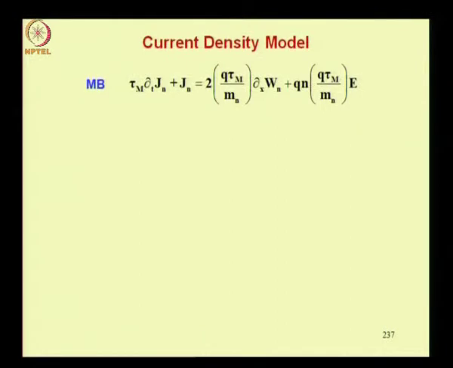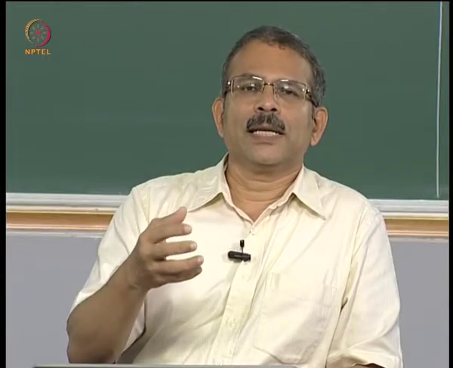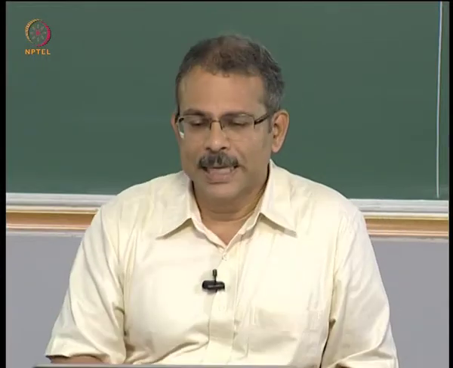The relevant balance equation here is the momentum balance equation, because it is this equation which contains the Jn term. Let us show how some approximations of this equation will lead us to a simple model for current density Jn in terms of the various driving forces, namely the electric field, the concentration gradient and the temperature gradient.